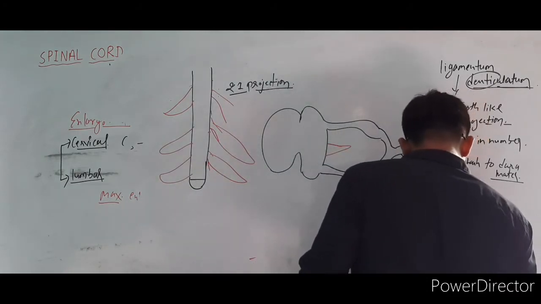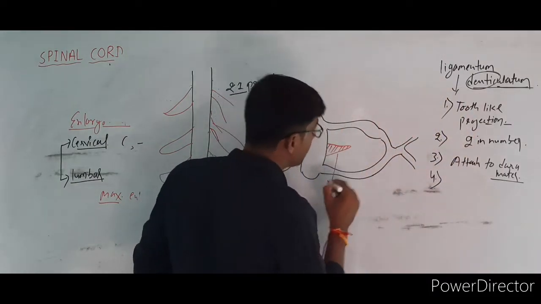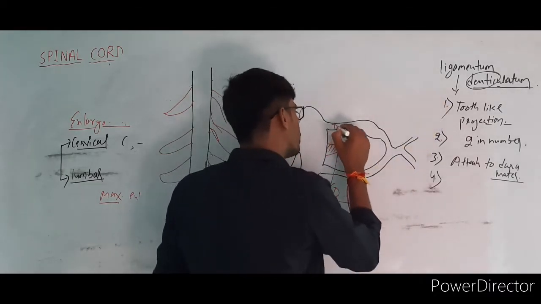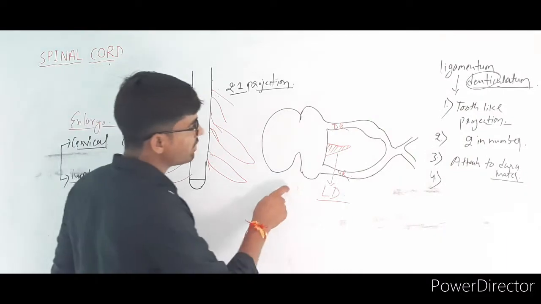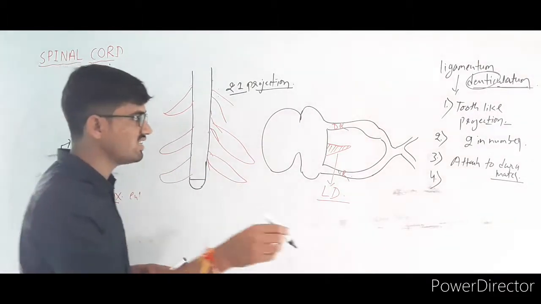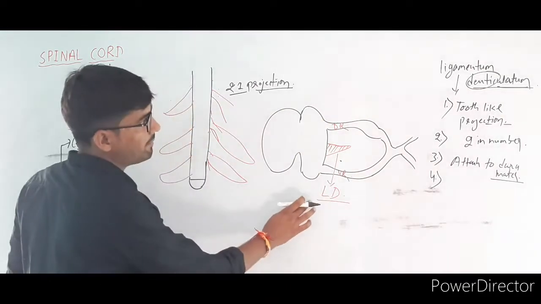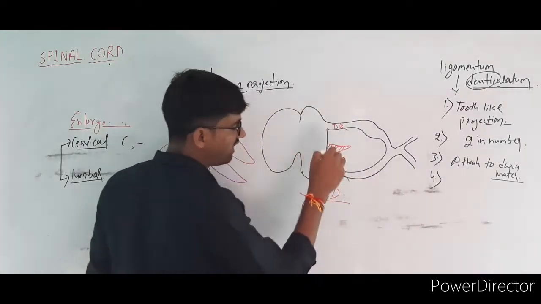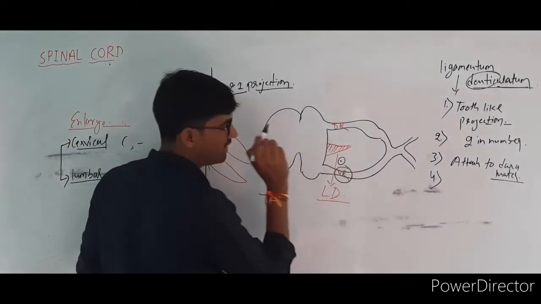This is called the ligamentum denticulatum. This part is the dorsal root, and here is the ventral root. This is the anterior part, this is the posterior part. If our knife during the surgery is in this portion anterior to the ligamentum denticulatum, what is the meaning of this? The meaning is that we are anterior to the ligamentum denticulatum and near the ventral roots.